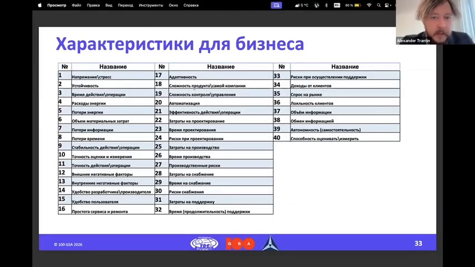Now, what are the characteristics? As I told you, we kept the basic ones, but we adapted them to business and we added some more. For example, the revenues of the clients, exchange of information, etc.